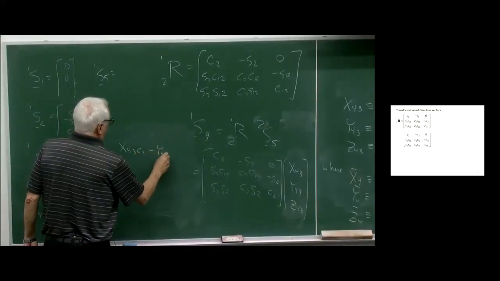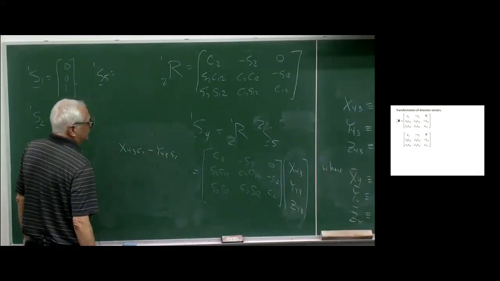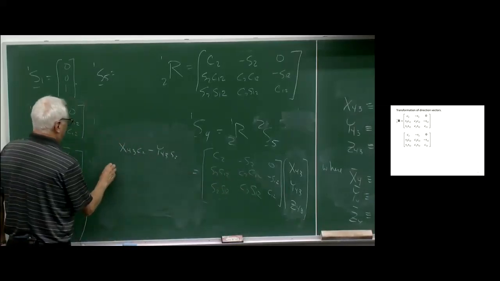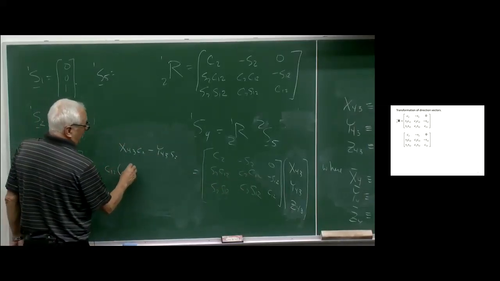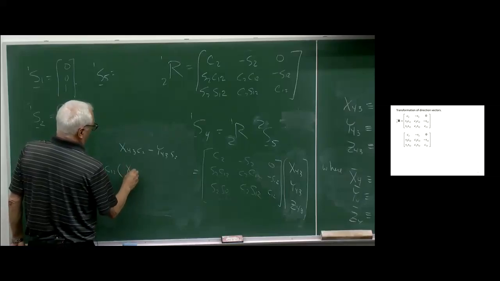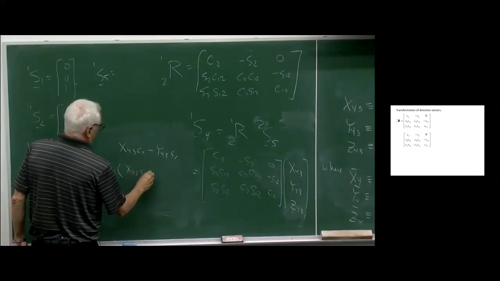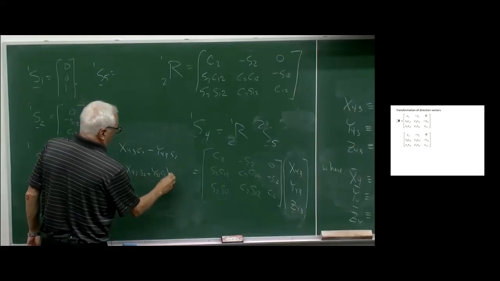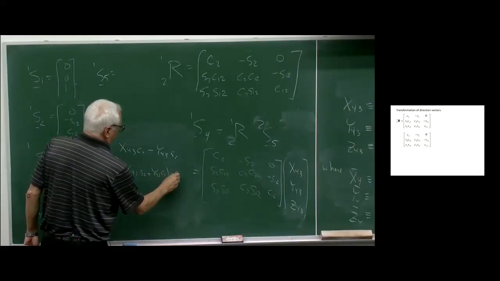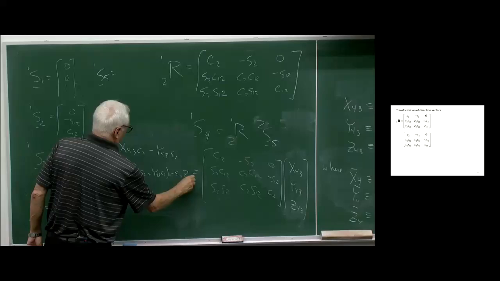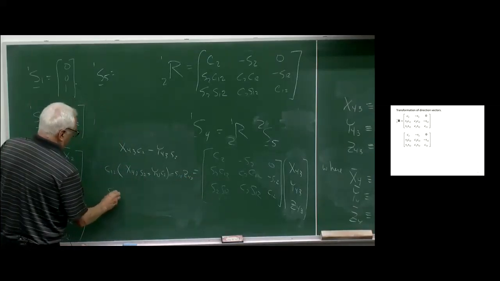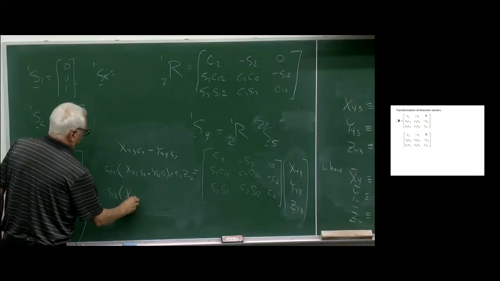XC minus YS. The next row by column, I'm going to pull the C12 out front, and I'm going to have XS plus YC, and then a minus S12 Z43. And the last row by column, I'm going to pull the S12 out front.